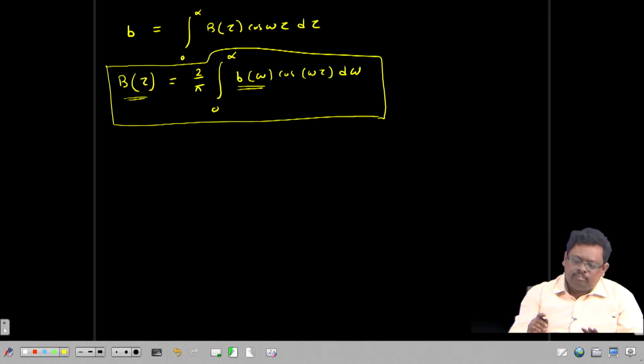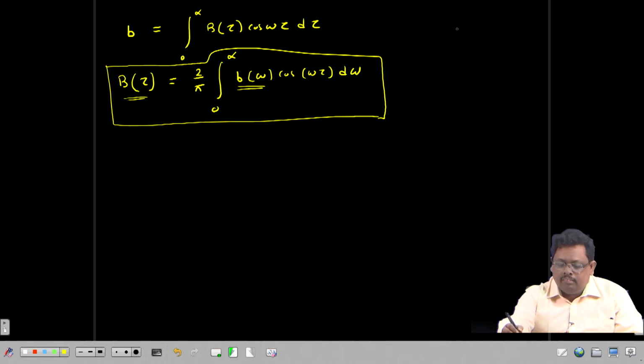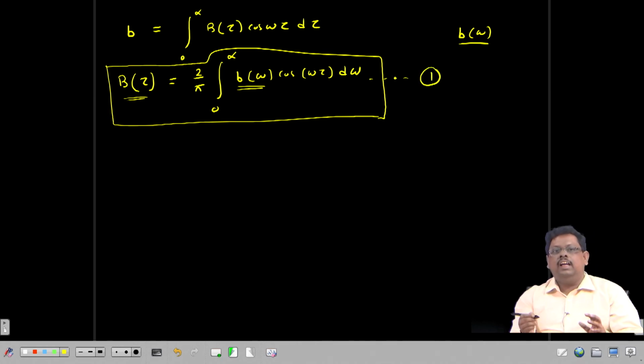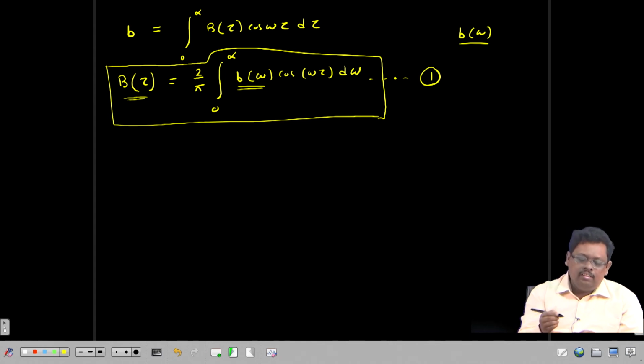So, from the IRF, one has to understand that to get the solution with respect to IRF, I must have the frequency domain solutions, right. If I do not know b omega, let us name this equation 1, I cannot really use equation 1 to get the value for b tau, right.